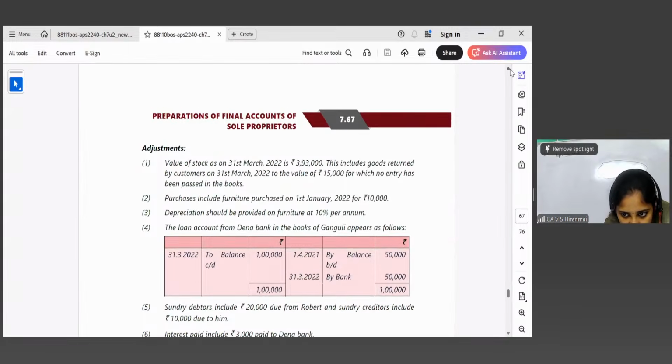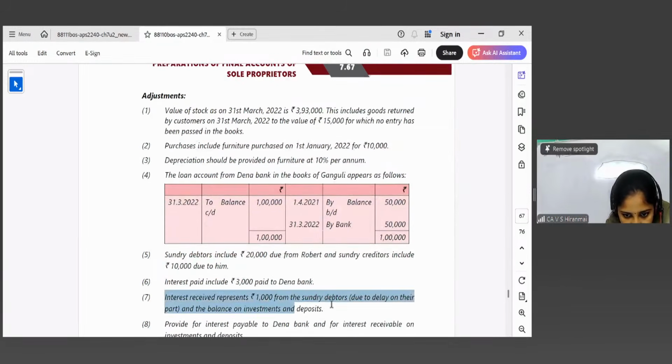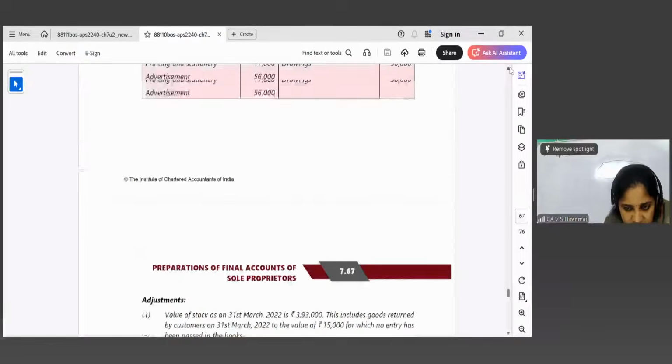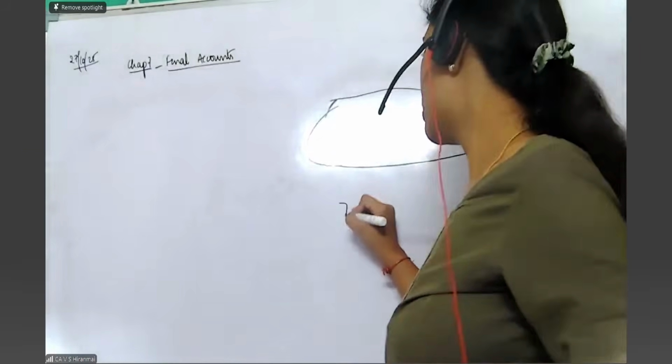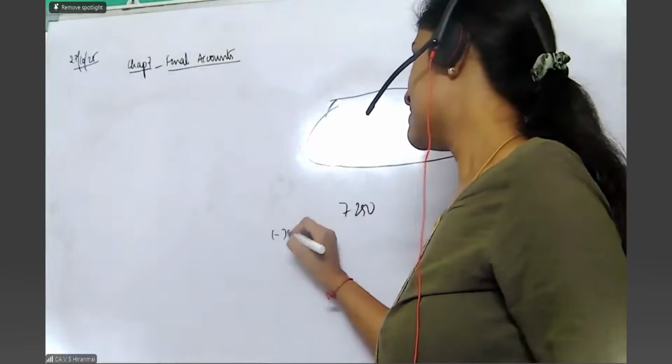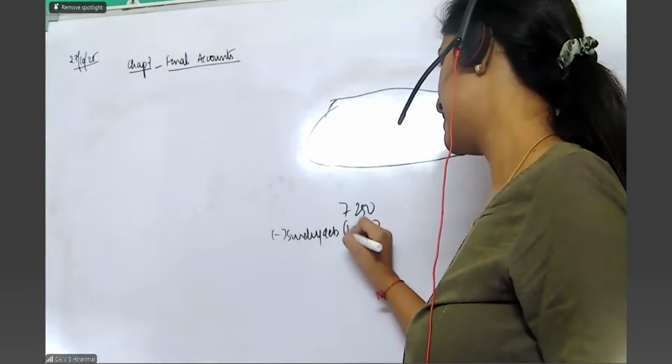All of you go here. How much is actually received? Interest received includes 1,000 from sundry debtors. That means in the total interest received in the trial balance, my dear students, out of 7,250, sundry debtors have paid you interest. So receipt from the sundry debtors is this.